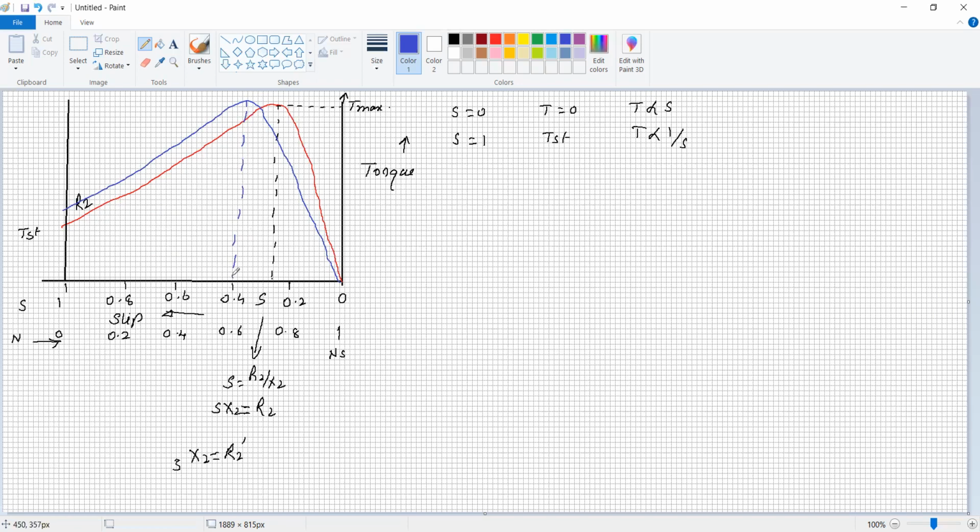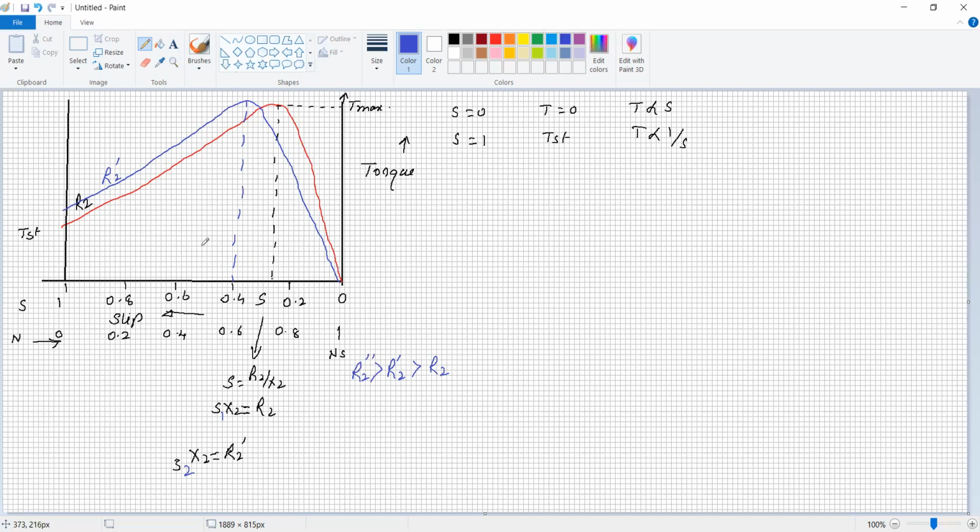Say it is S2 dash, it is S2, here S1, and this is S2. The magnitude of maximum torque remains as it is, only the occurrence of maximum torque gets shifted, and say this resistance is R2 dash, where R2 dash is greater than R2. Next, we take one more resistance which is greater than R2 dash, say R2 double dash.